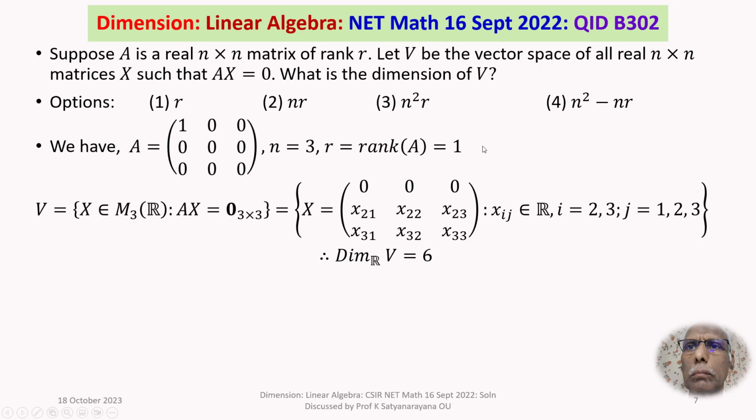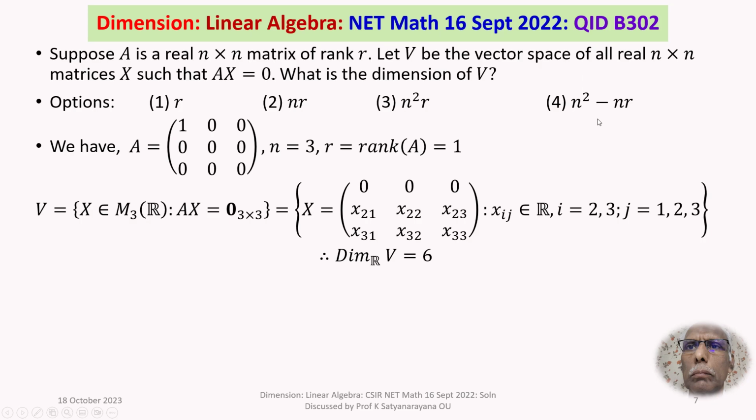R is 1 only, so it cannot be R. NR, N is 3, R is 1, it is 3, so it cannot be NR. N square R, N square is 9, R is 1, 9, so it cannot be N square R. But if you put N equal to 3, R equal to 1, N square minus NR is 6, so it tallies with this answer.